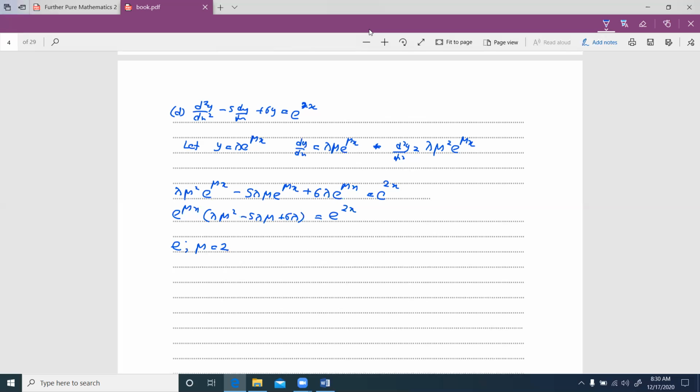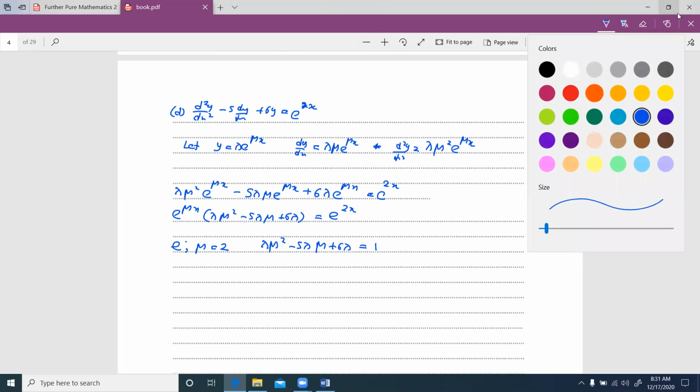Then lambda mu squared minus 5 lambda mu plus 6 lambda is a constant factor that we equate to 1, because it is the same e to the power function.